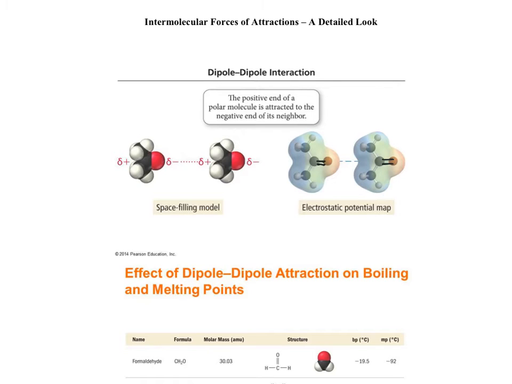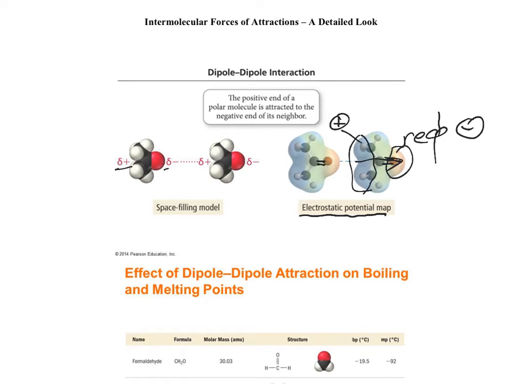But the electrostatic potential map shows charges: the red is going to be negative and the blue is going to be positive. So the blue part is positive, the red part is negative, and so you can see it as a net dipole.